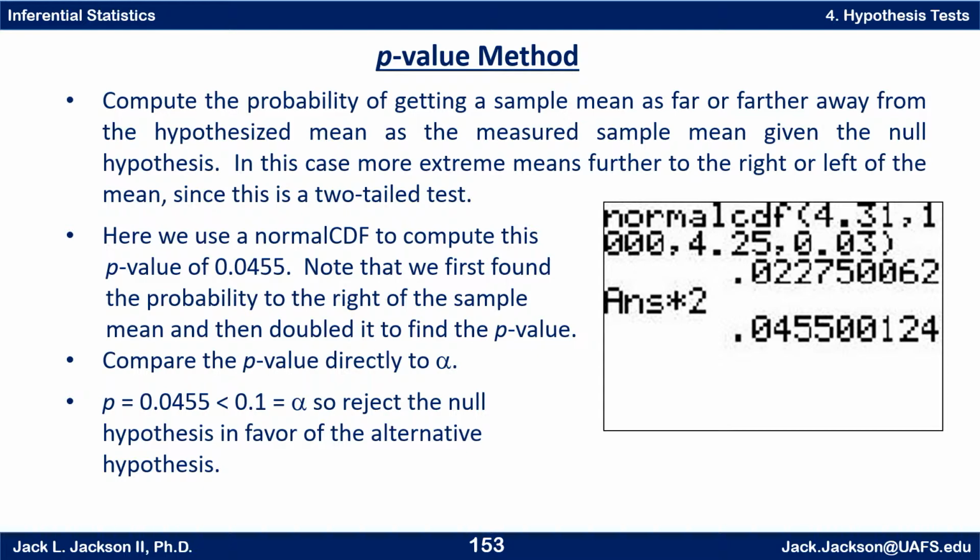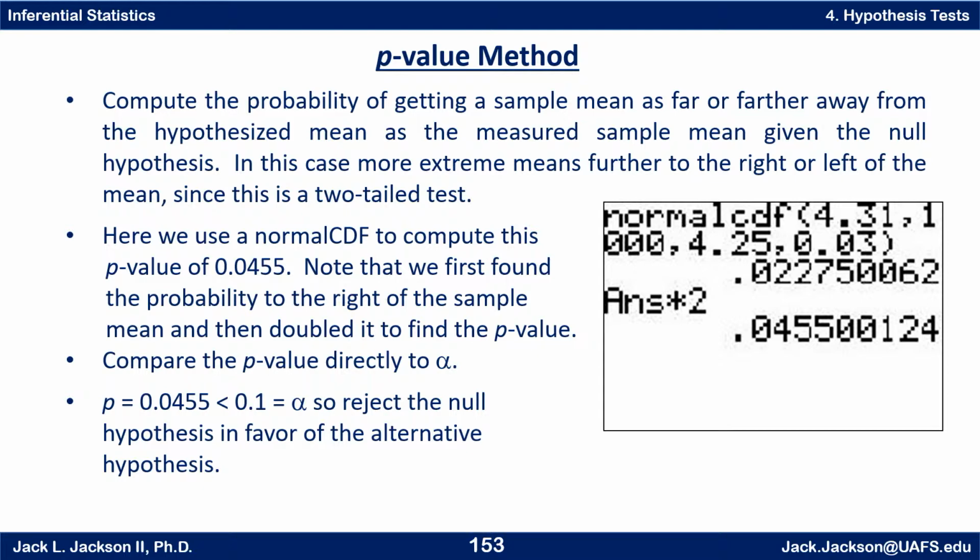Now to make your conclusion, we just compare that to alpha. So the smaller the p-value is, the more likely we are to reject the null hypothesis. The less likely we are to assume that it really came from the null hypothesis distribution.